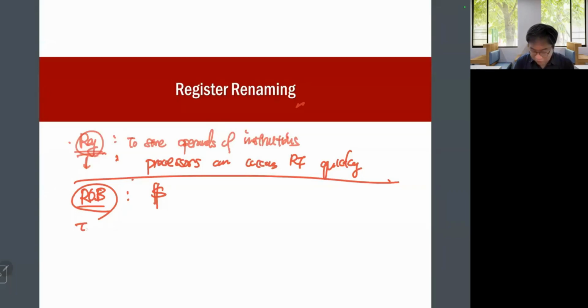Also, the issue queue is a memory component, a queue, right? So it's also expensive. Then how can we reduce some cost for this operand space in the ROB and issue queue?